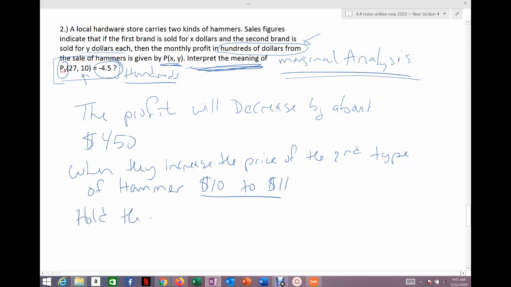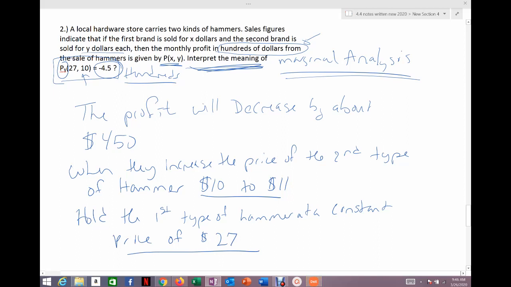Hold the first type of hammer at a constant price, specifically $27, right? That's what it's being held at. That's what this is telling me, and that's important.